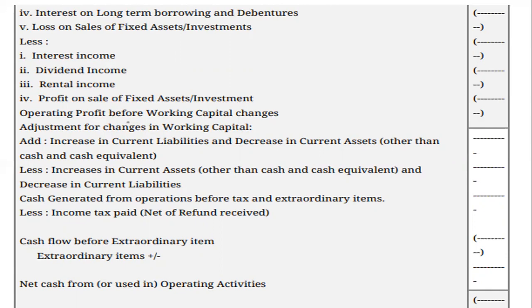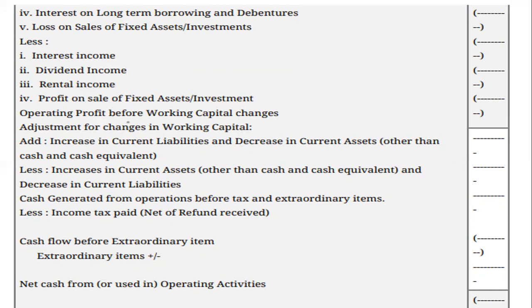Same way, working capital includes current assets and current liabilities. When current assets are increased and current liabilities are decreased, that is a favorable condition. But here favorable conditions are treated in a reverse manner. So all the favorables will be deducted and all the unfavorables will be added. After that, you will get the final amount of net cash flow.